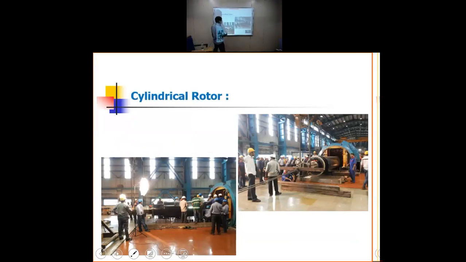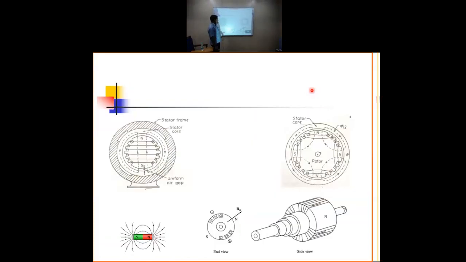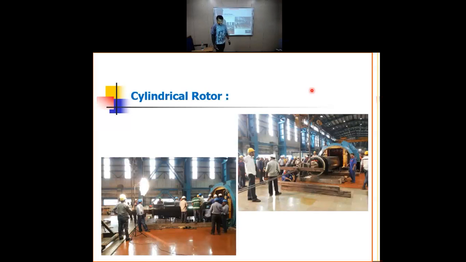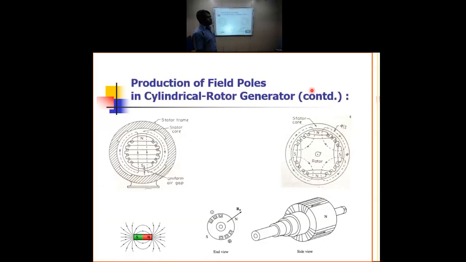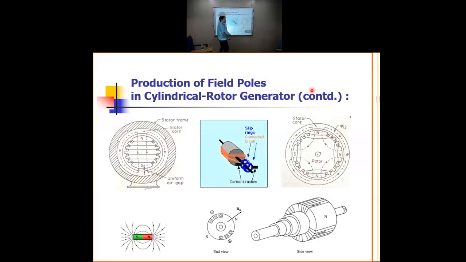Here you see the retaining ring, and from here you can see the effective conductors, and here is an axial fan for continuous cooling. You have seen the cylindrical structure, and here you see how power is generated in the cylindrical rotor structure.